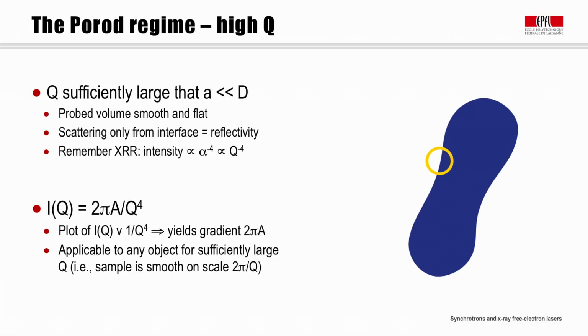As scattering occurs where there is a change in electron density, this regime is actually equivalent to that of reflectivity, and the intensity should fall off as 1 upon q to the 4th, as we argued earlier in this video. A plot of I(Q) versus 1 upon q to the 4th should thus produce a straight line with a gradient equal to 2 pi A, where A is the sample surface area. This regime is hardest to probe due to the associated low intensities.